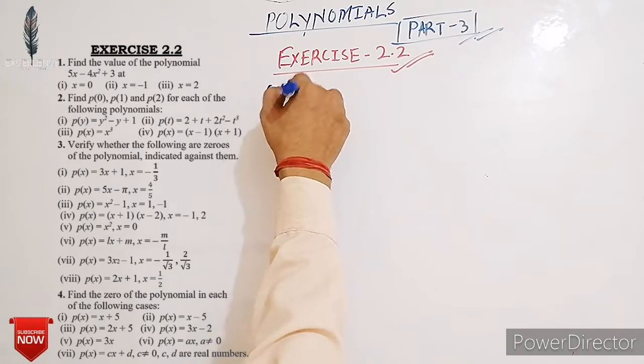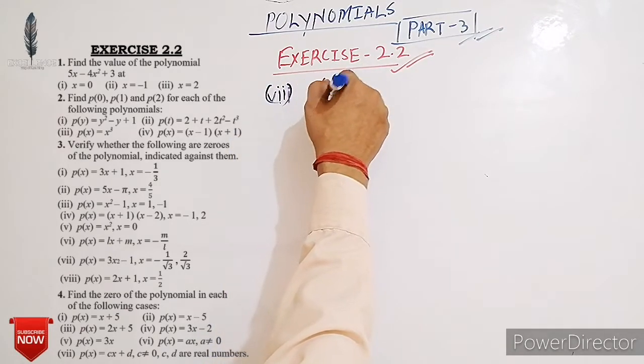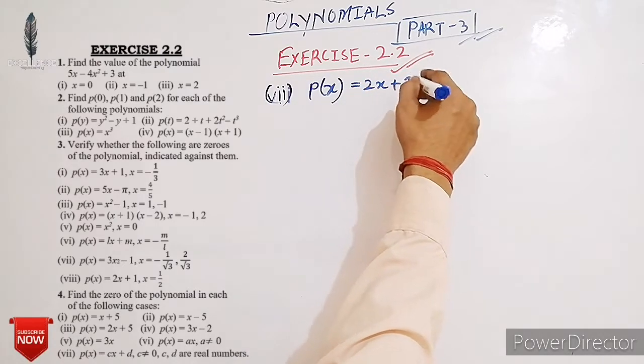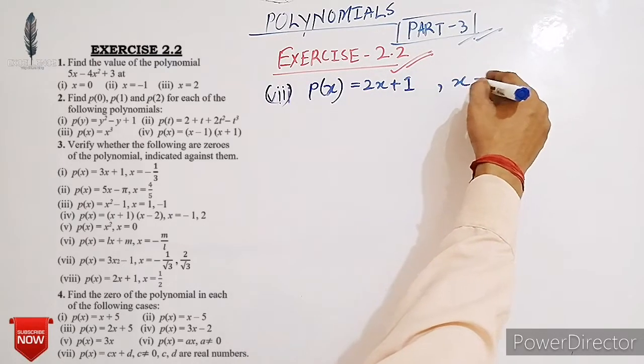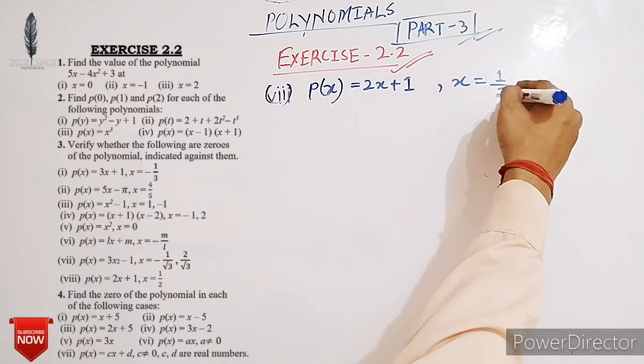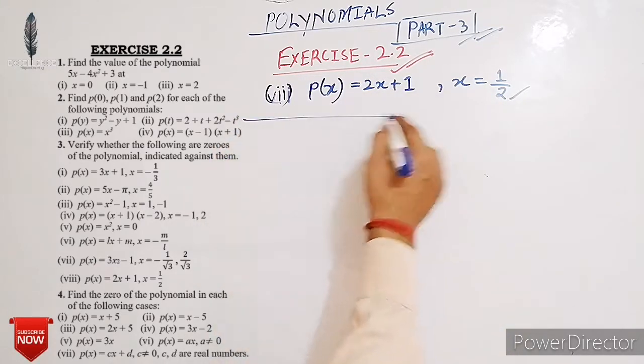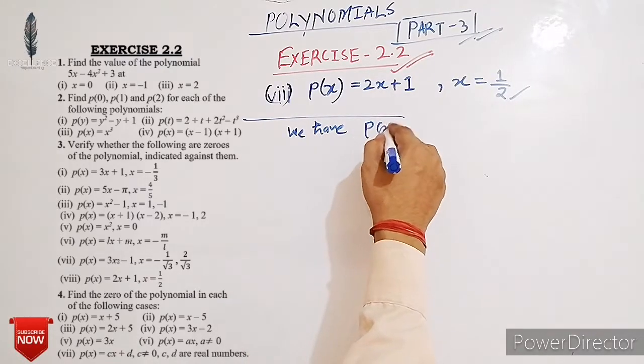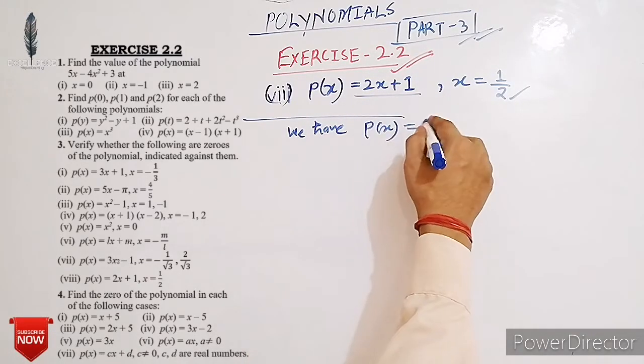So here P of x is equals to 2x plus 1 and x is equals to 1 by 2. So here we have P of x is equals to 2x plus 1.